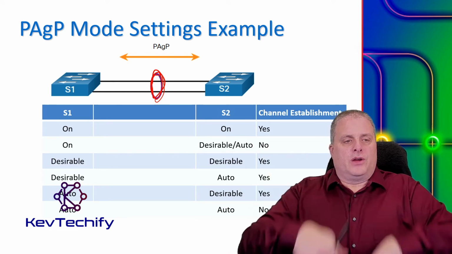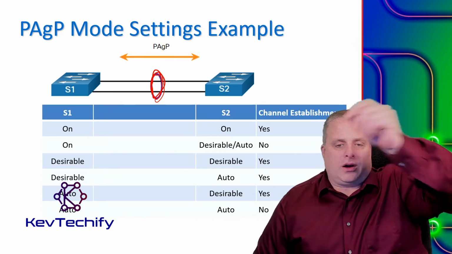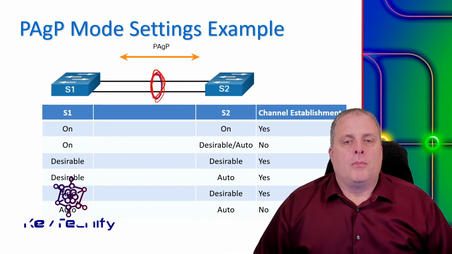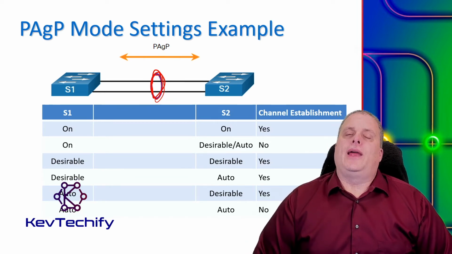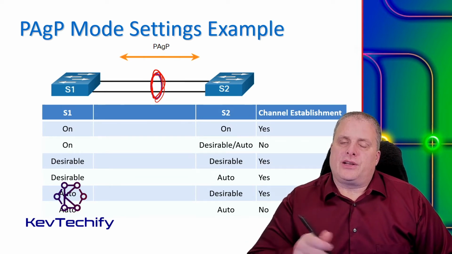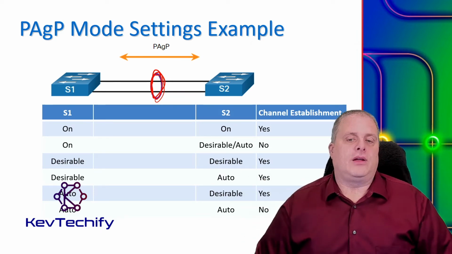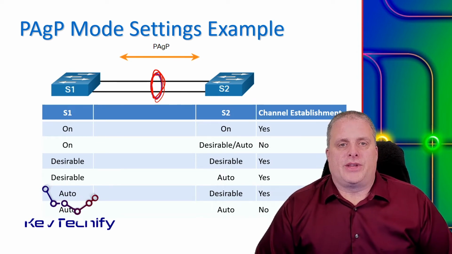And of course, if you flip that around, auto and desirable, that'll establish it. But if both sides are auto, both sides are sitting there saying, I'll create an EtherChannel connection if somebody initiates it, and nothing is going to happen. So there will be no EtherChannel established.